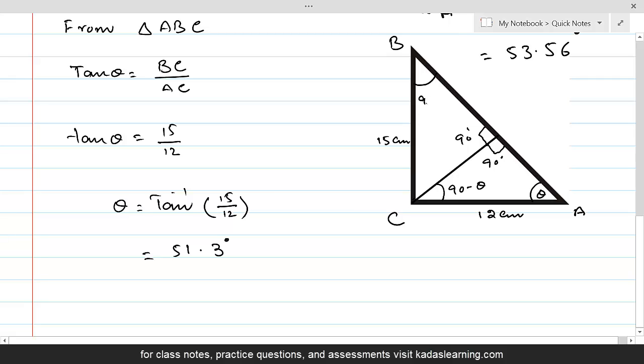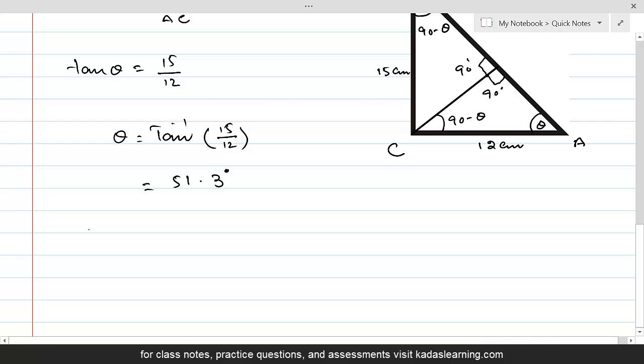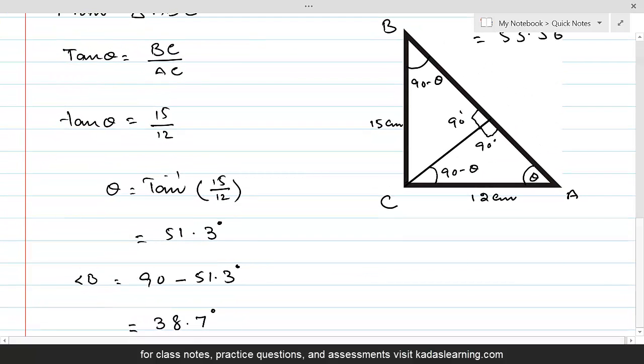Both of these angles would be 90 minus 51.3. Angle at B would be equal to 90 minus 51.3 degrees, and this is going to be 38.7 degrees.